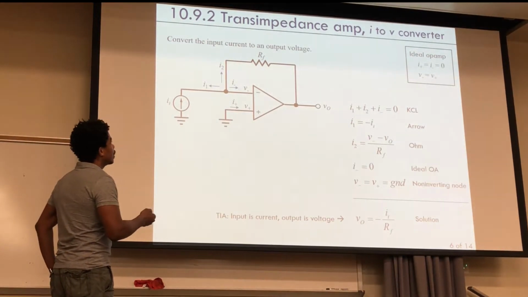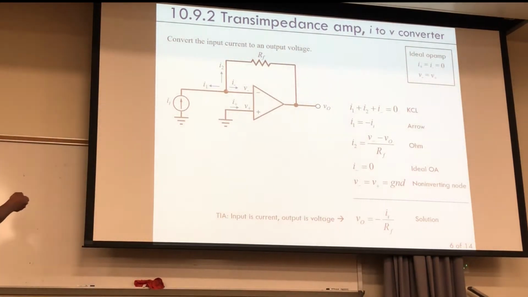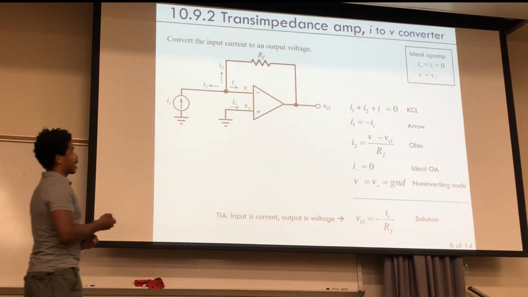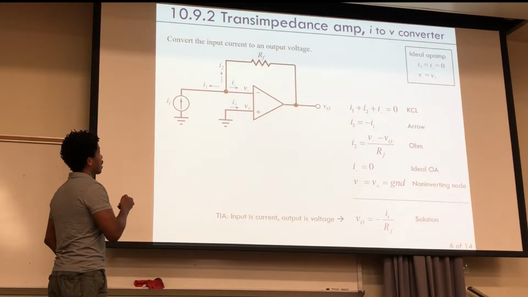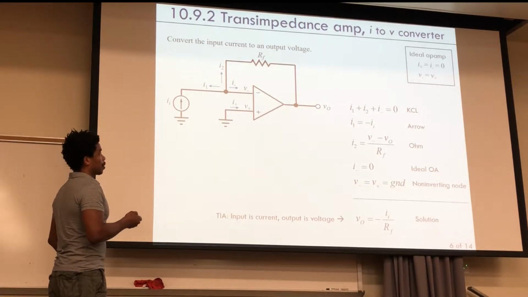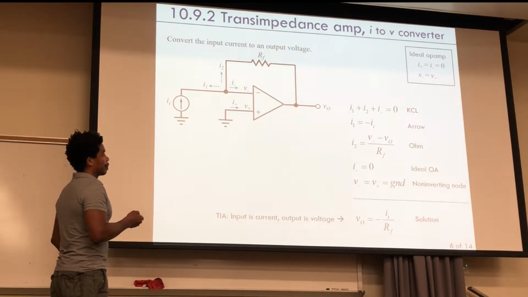For I2, that's the current going this direction. And for using Ohm's law, remember that the direction of the current flow that you're assuming as positive sense goes from the voltage that is going in at minus the voltage that's going out at.